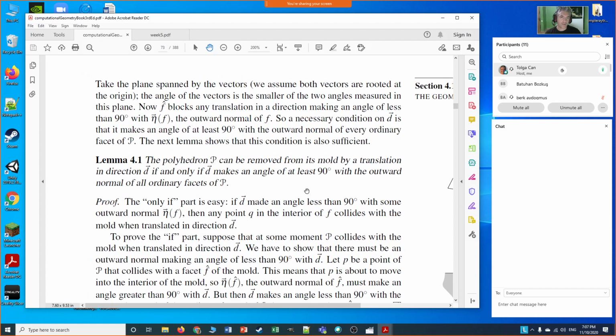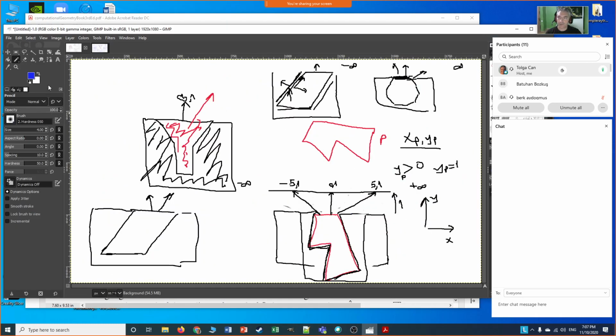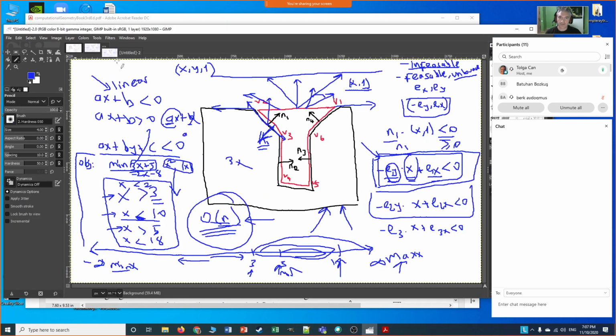If you're thinking about the faces or the edges of your polygon, the pulling direction, if you go back to this GIMP, we have it here. The blue one is the normal of the face, or in this case, the normal of this edge. From V6 to V1, this is our edge, okay? We may call it edge 6.